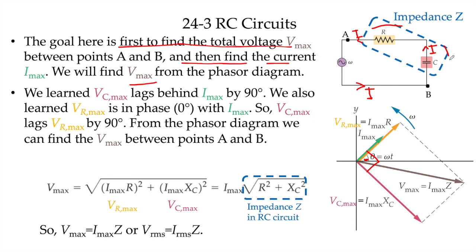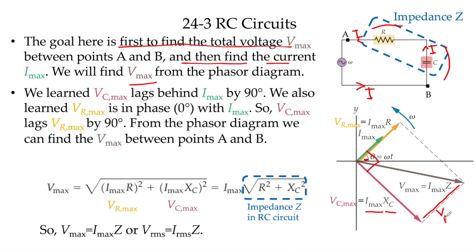How do I find the voltage on the capacitor? If you remember, we had a formula that looked like Ohm's law, so we had I times the capacitive reactance. Okay, that's how we write it. We learned this in the previous slides. Now, how do you find it from this triangle, if you look at these two vectors? So this I max times R, if you like, you can move it here.